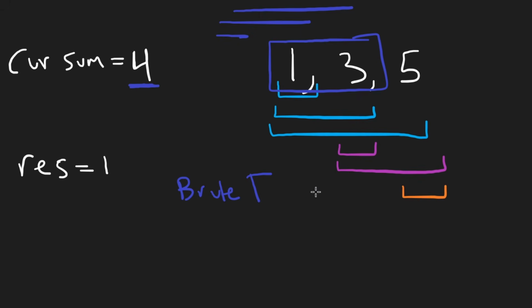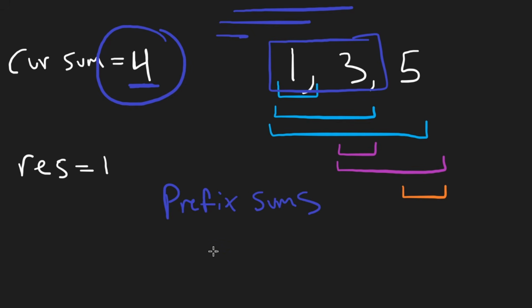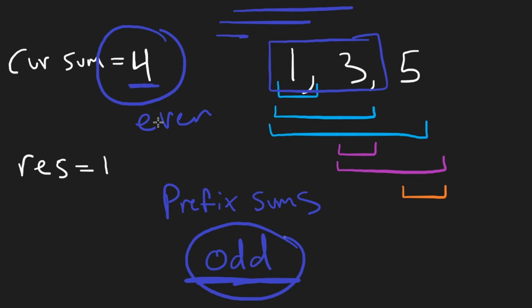Let me show you what I mean. Instead of actually keeping track of what the prefix sums were, isn't it clear to us right now that if our number is even, we just want to know how many prefix sums had a sum that was odd? Because if our current sum is even, if I remove an odd sum from the even sum, then my sum left over is going to be odd.